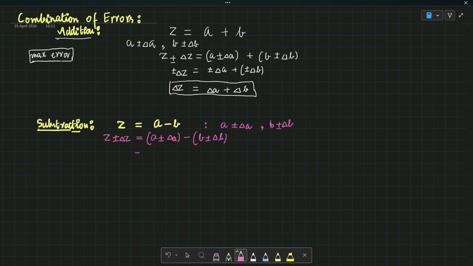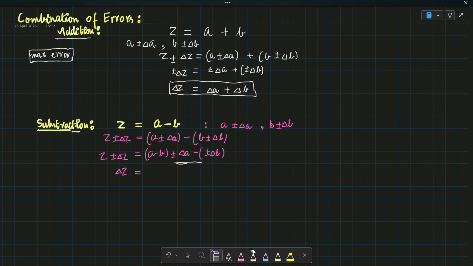So we'll write it like this: A minus B is Z, so this will cancel out, Z plus minus delta Z, and then delta A minus plus minus delta B. So this is the quantity we want to calculate, the error part.